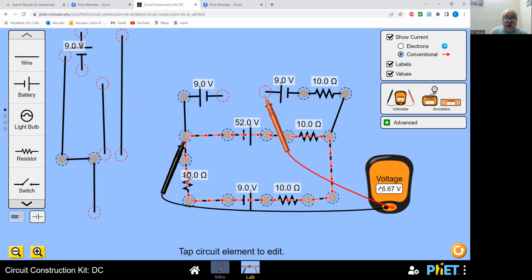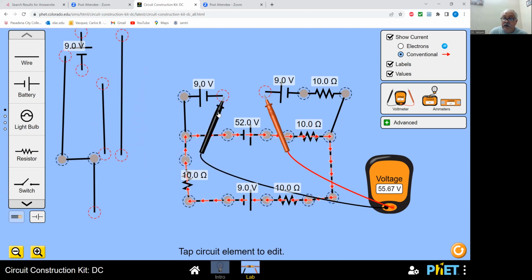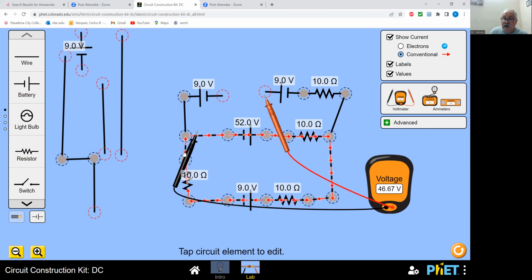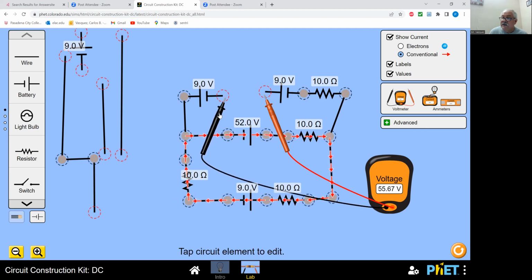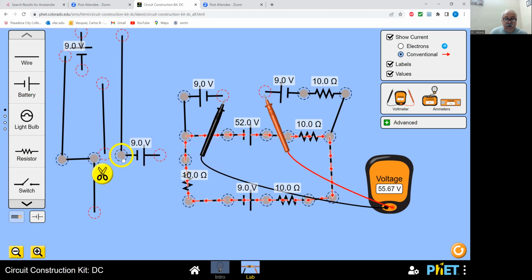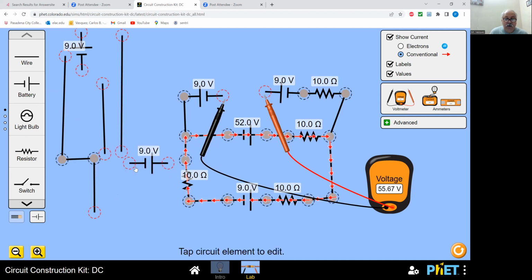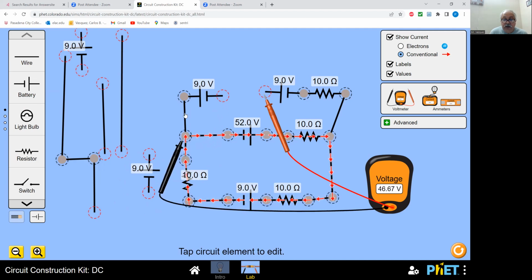Now, what should be the difference between these 2 points? We can find it in this way. And it jumps another 9. At the beginning it was 46, now it goes to 55, right? Why does that happen? Well, remember before we had this situation: this is the lowest point, our 0 is connected to the positive side of the battery.